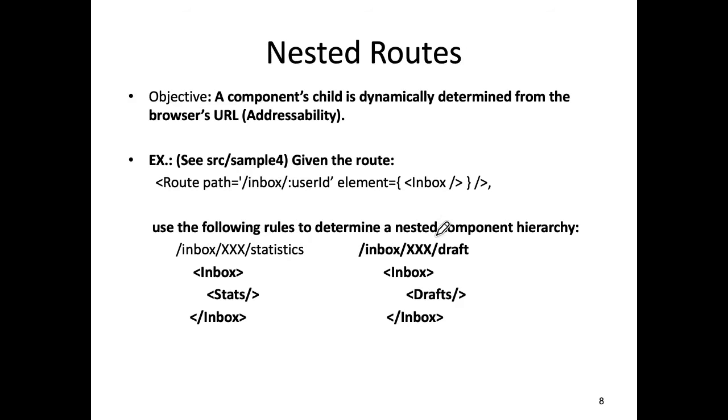Whereas if the URL looks like this, where it has /draft at the back end of the URL, then I want the inbox component and a draft component to be mounted. So draft and stats here, we would say is a child component of inbox. But which one is actually active or mounted at any time is determined from the URL, kind of the suffix part of the URL. How do I express that, or how do I achieve that in my routing configuration?